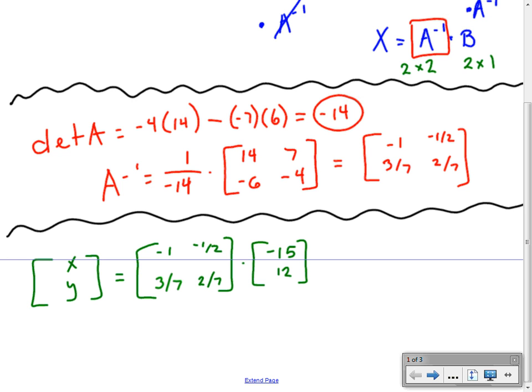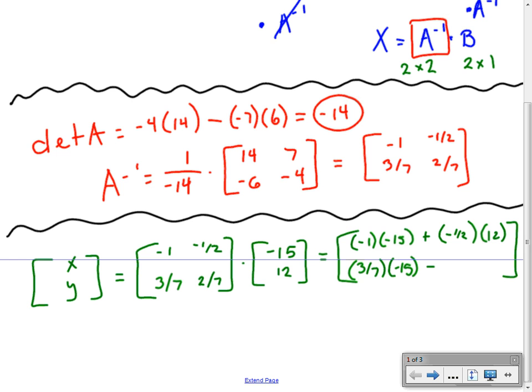We're going to multiply these two matrices together: top row times the only column in matrix B. So negative 1 times negative 15 plus negative 1/2 times 12. That gives us the x value of the solution. Then the bottom row times the column: 3/7 times negative 15 plus 2/7 times 12.